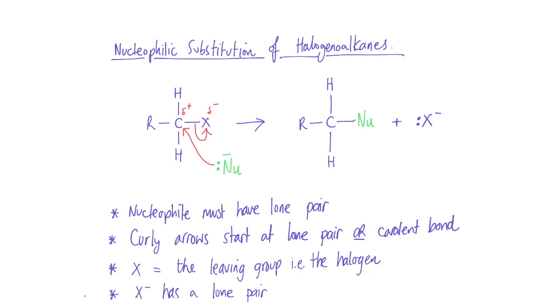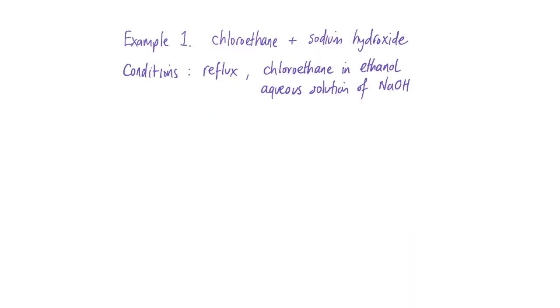So we can see the beginning of our mechanism, we're starting at the lone pair on the nucleophile, and the second arrow comes from the covalent bond. It goes to X, which is our leaving group, the halogen, which we would represent as Cl or whatever in our actual mechanism, and the X minus that we produce has a lone pair which has come from that CX bond. And that is pretty much what you need to know.